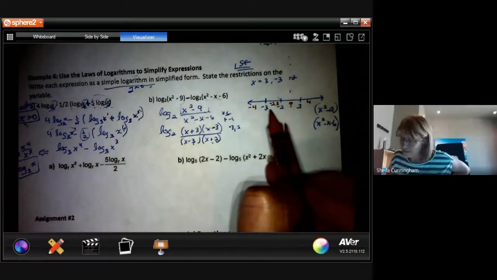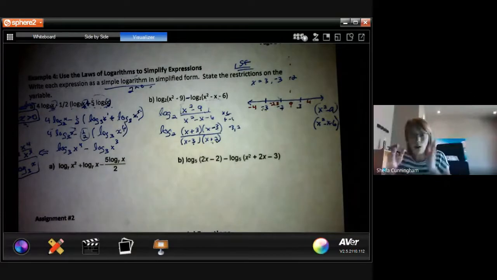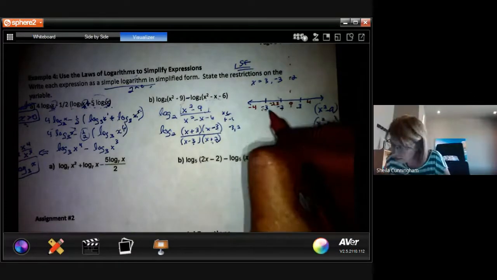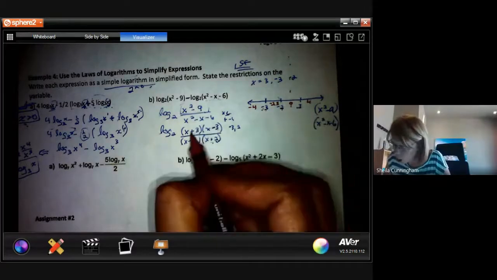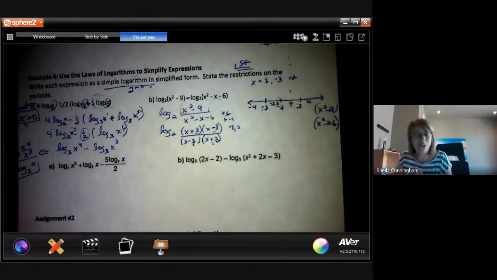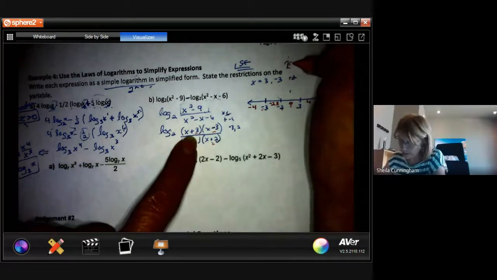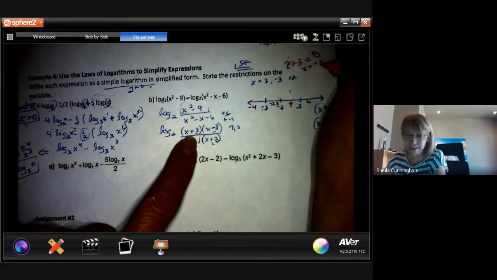So these values that I have here are essentially the critical values that show up. This -3, this -2, and this 3 are the values that I was able to pull from factoring. They are my roots, okay? So when I looked at the x plus 3 and set that equal to 0, that's the one that gave me x equals -3.